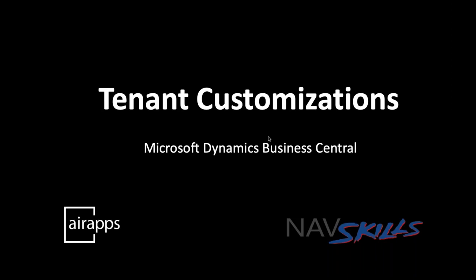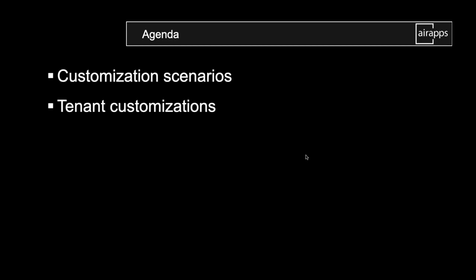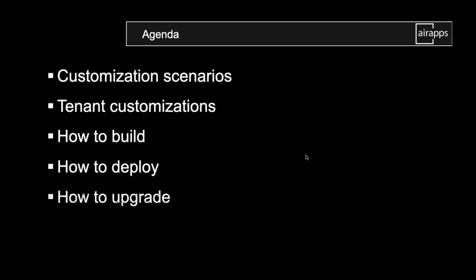So today we'll talk about tenant customizations. I hope you see my screen. We will start with how generally we can customize Business Central, what the tenant customizations are, how to build them, how to deploy them, how to upgrade them, and we will do 3 different demos.